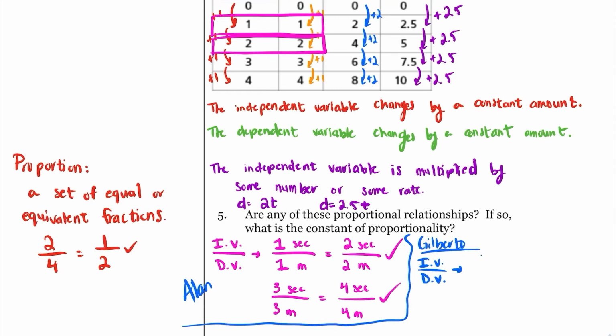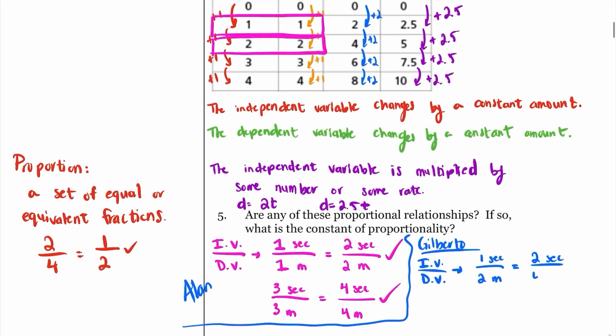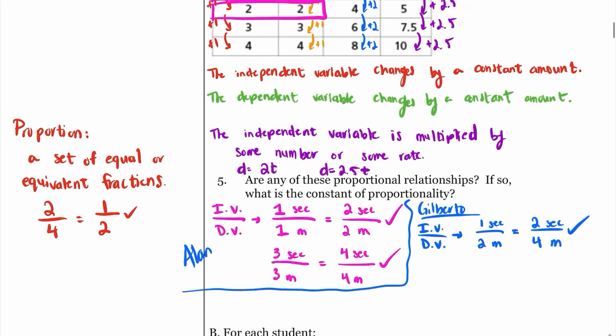Independent variable is 1 second. And then in Gilberto's data, the dependent variable is 2 meters. And I need to double check that with 2 seconds, and he is now at 4 meters. Are these two fractions, are these two ratios equivalent? If you simplify 2/4, yes, you will get 1/2. Excellent. So it looks like Gilberto's is proportional.